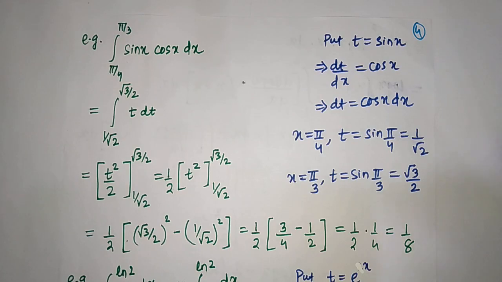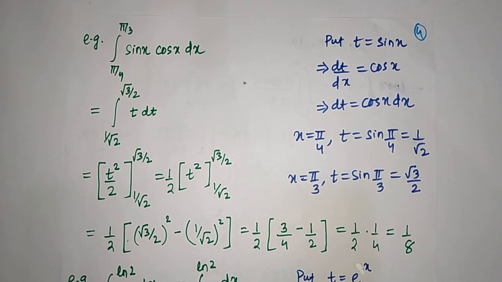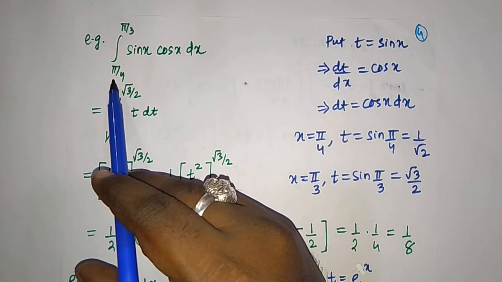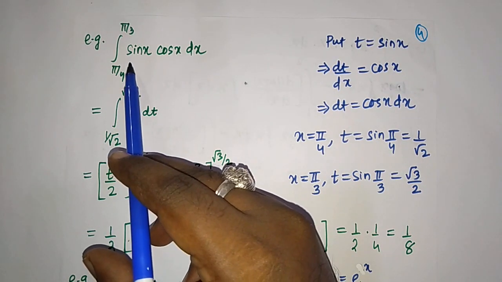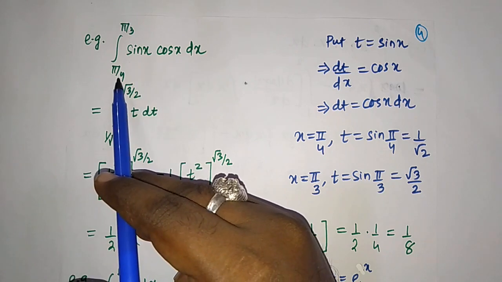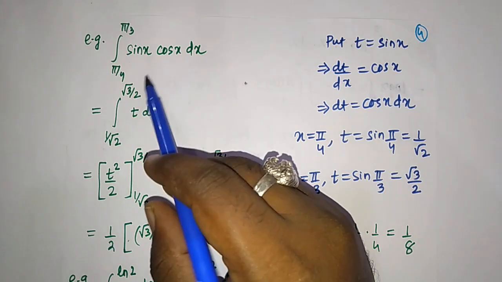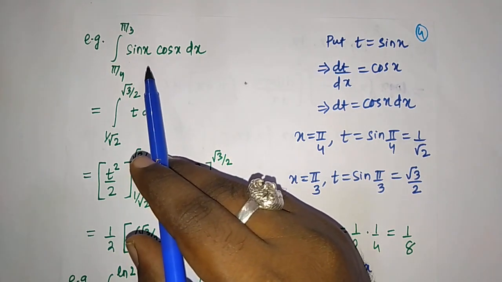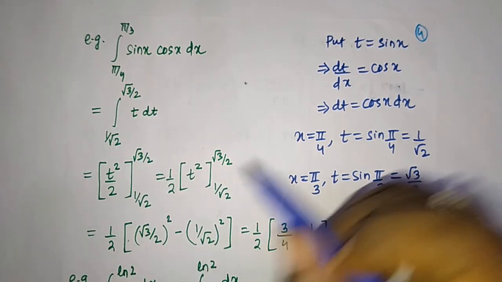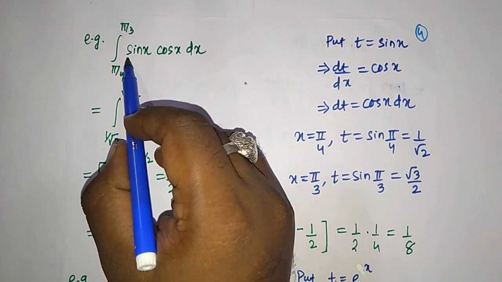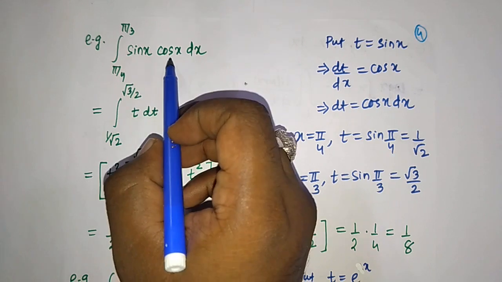Okay, let us discuss another example. Here you have to integrate sin x into cos x from pi by 4 to pi by 3. Okay, first we will solve it by the substitution method. So first put t equal to sin x. Here you can see sin x and cos x are there.